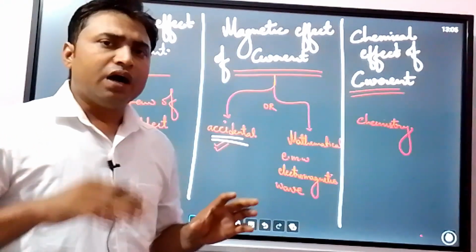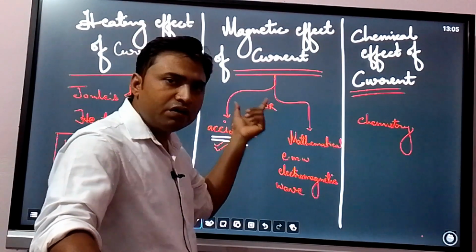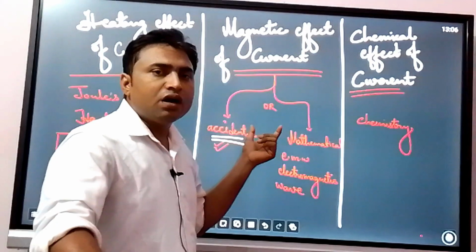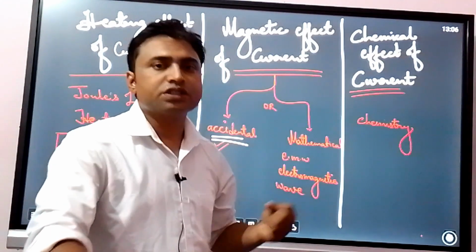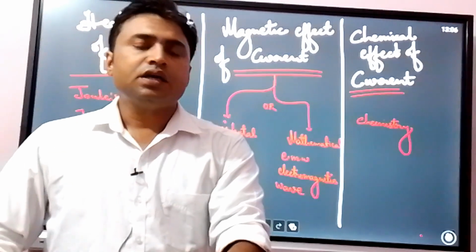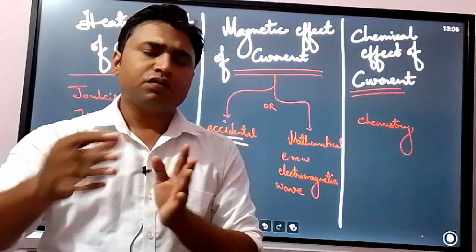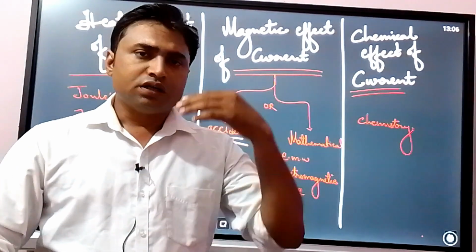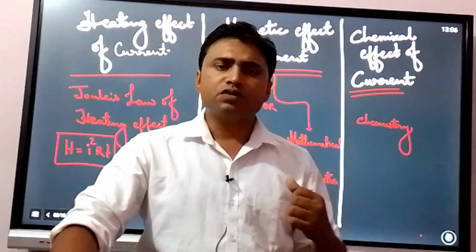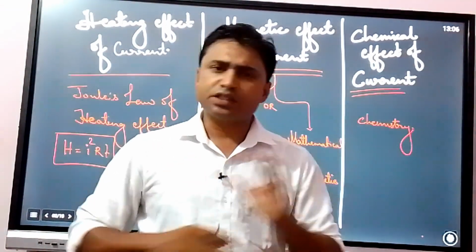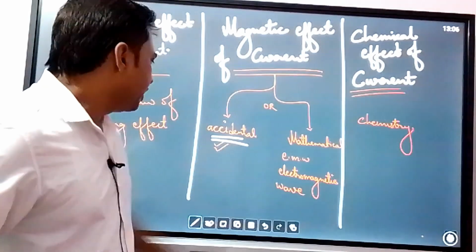In this video I am going to explain in more detail the magnetic effect of the current, how it was discovered, and how the scientist, whose name was Oersted, did the experiment. We will study in detail and find out the directions of the magnetic needle. All these things we will study in this chapter. Okay, so let's come to our topic.